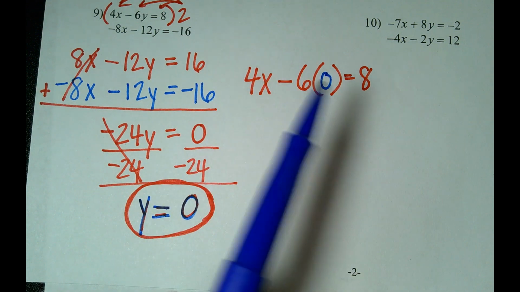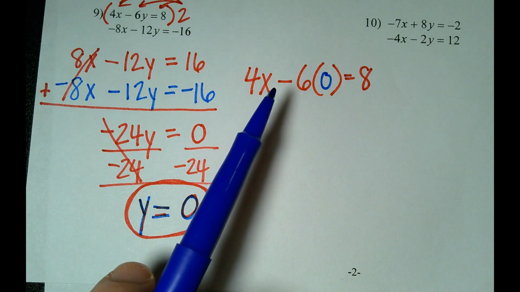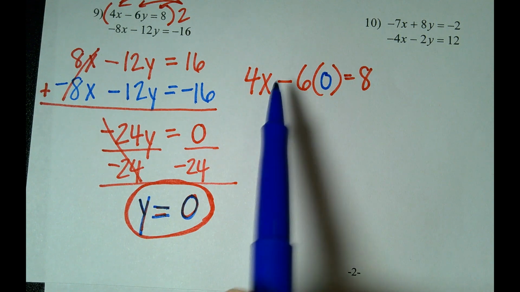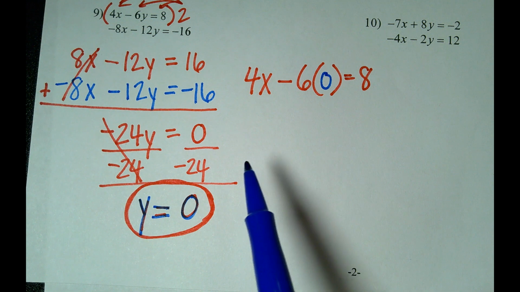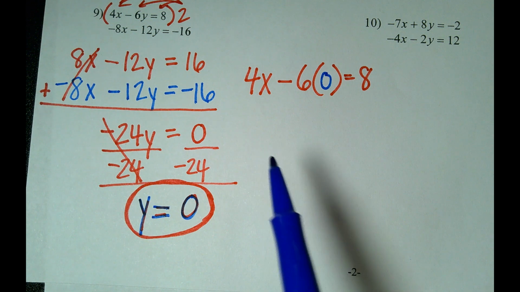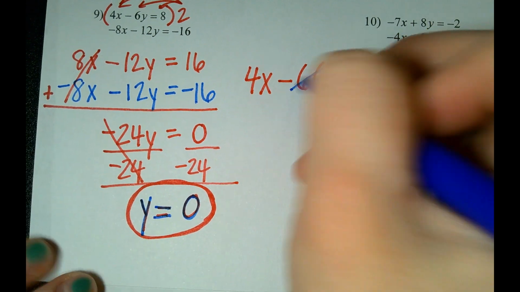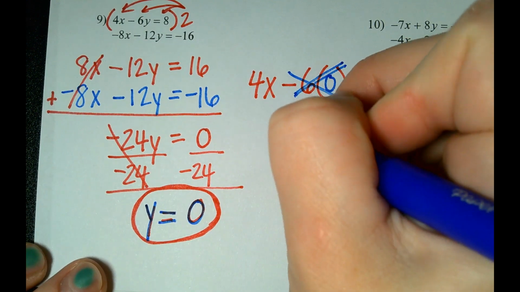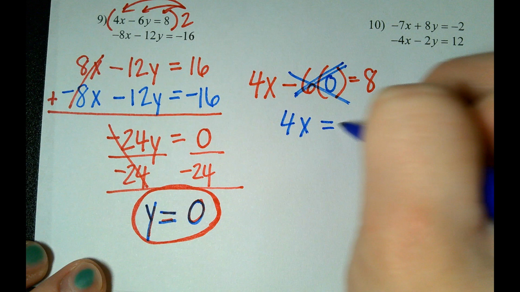And now that we have our 0 plugged in, remember we're always going to do this multiplication problem first. So negative 6 times 0, what's going to happen? It is gone. That 0 gets rid of the negative 6. So we can go on to solve this problem as 4x equals 8.